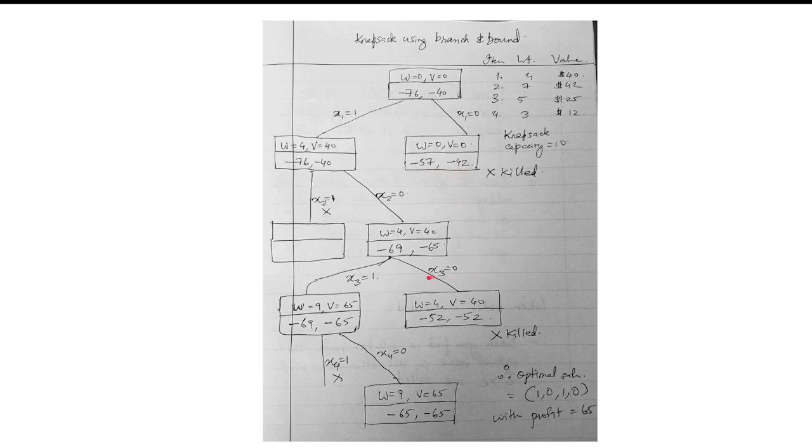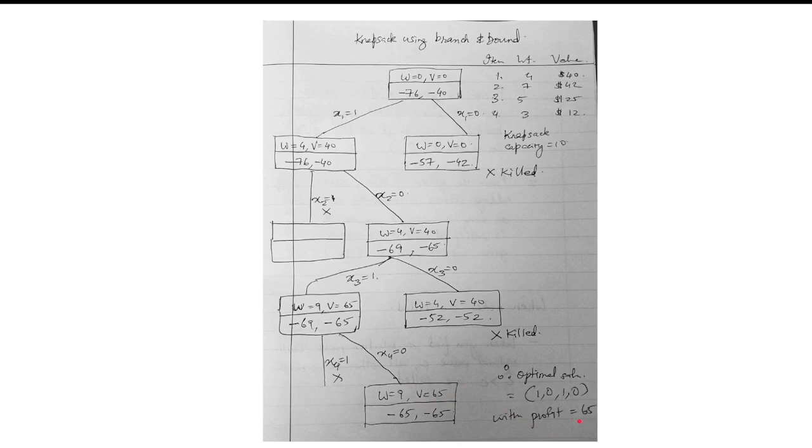So now you can explore x3 equals to 0. So when you explore x3 equals to 0, you will get minus 52. Again, this minus 52 is greater than minus 65, so this will also get killed. So now all the nodes have been explored, and you see there is no other node to explore, so we get the optimal solution as minus 65.